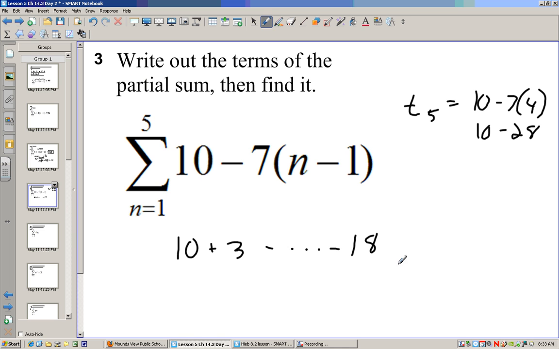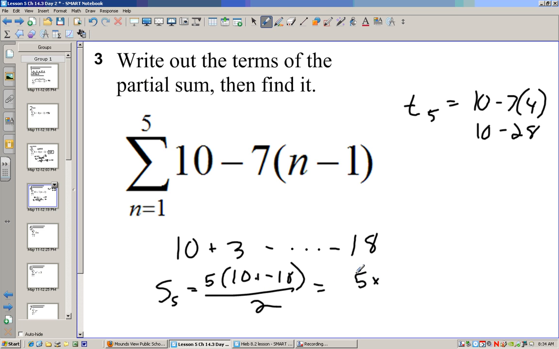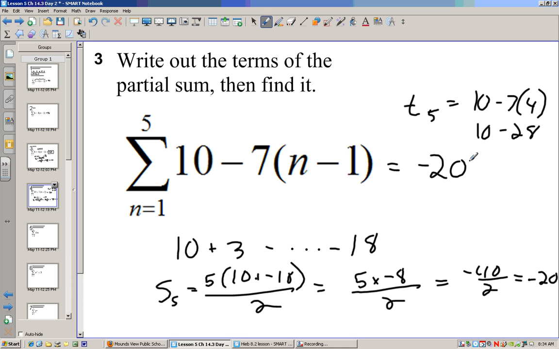So to find the sum, s of 5, we'd take our n, which is 5, take our first term plus our last term, and divide it all by 2. So this would be 5 times negative 8 divided by 2, which is negative 40 over 2, which is negative 20. So the sum of my first 5 terms will be negative 20.